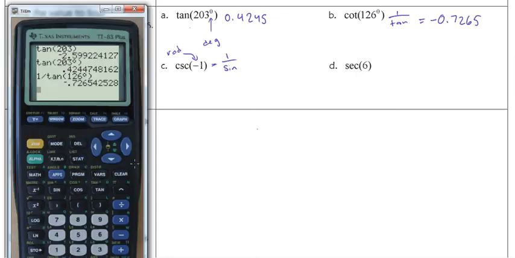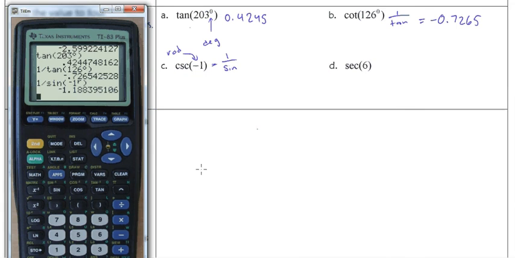Now our calculator is already set up in radians, but you may just want to get in the habit of always putting in that marker. So 1 divided by the sine of negative 1, and I'm going to put in that little r for radians, and we get negative 1.1884.